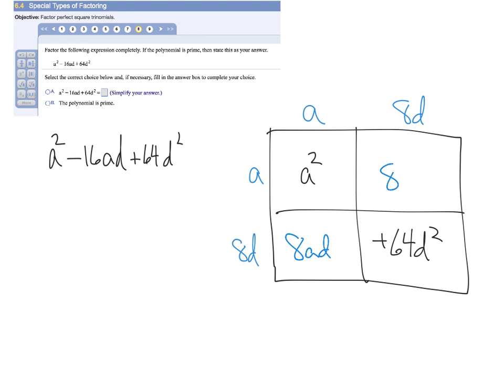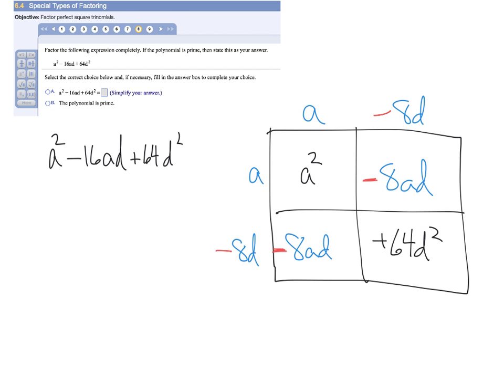and 8ad. But when we combine these terms, we want it to be a negative 16ad. So we want both of those numbers to be negatives. And so, what does that mean about this 8d? That's got to be a negative.